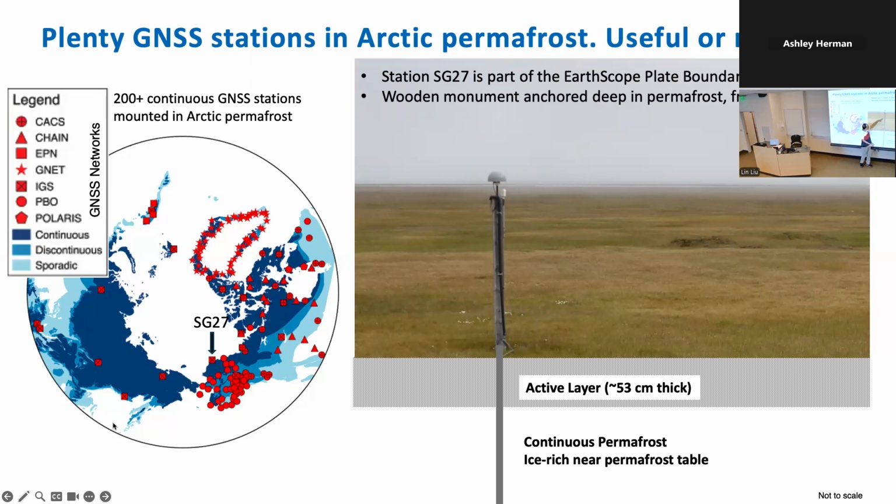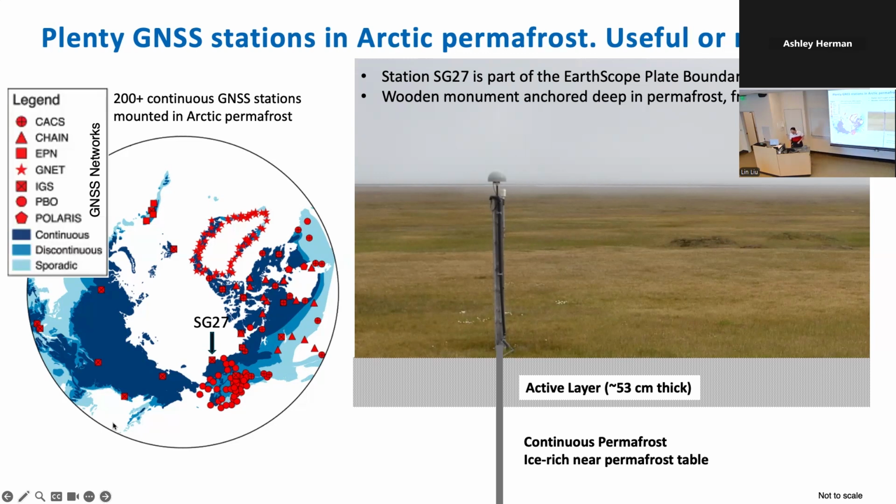It has a 3.8 meter antenna above the surface sitting on a wooden monument, and they want to make sure this is stable, so they drilled a 5-meter borehole into the ground and made sure the monument is frozen deeply into permafrost.